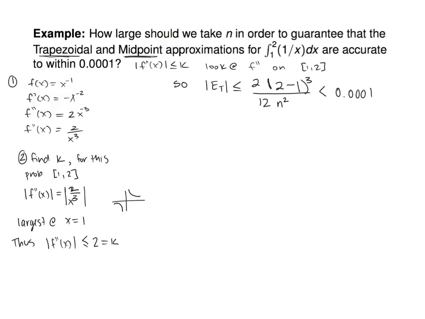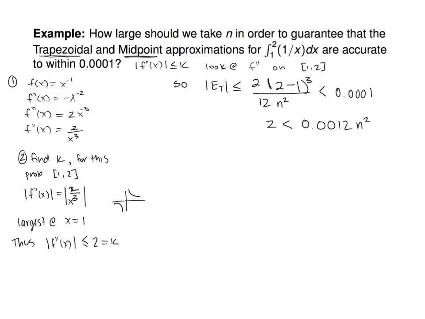So for example, ignore the E sub t thing for now. Couldn't you multiply by the 12 n squared? Uh-huh. So I have 2 is less than 12 times 0.0001, which is 0.0012, right?